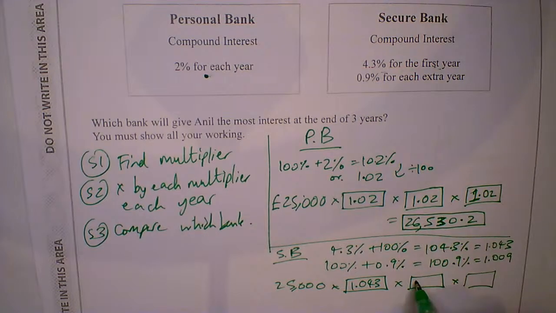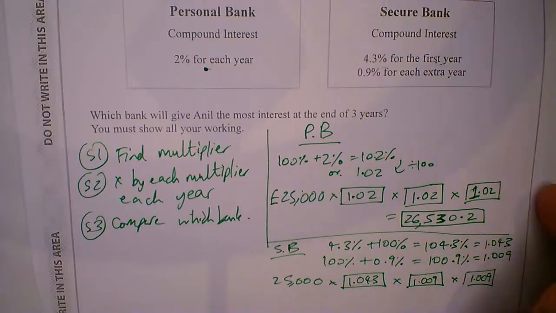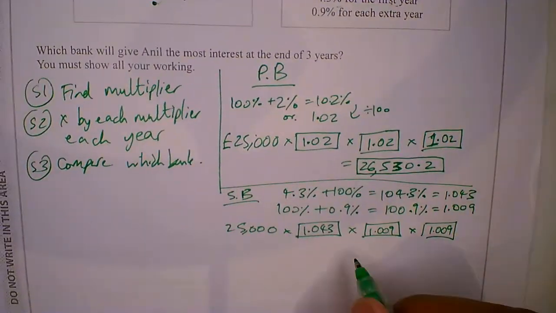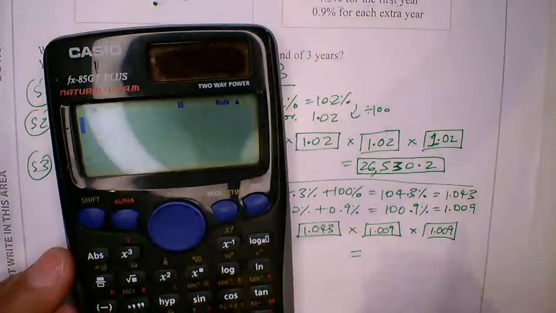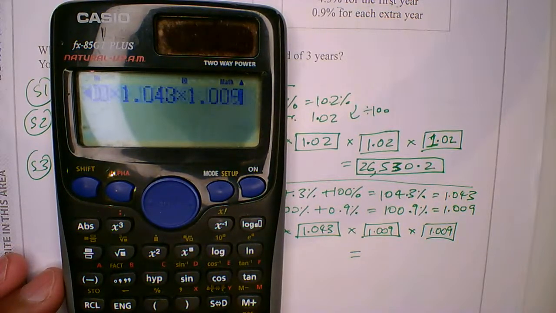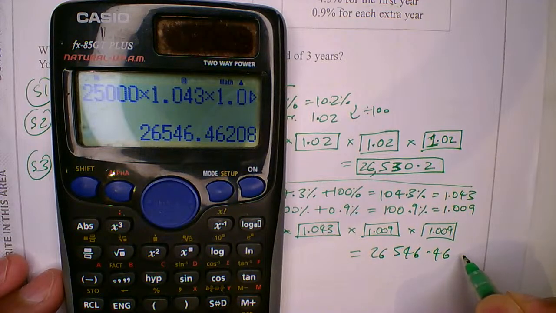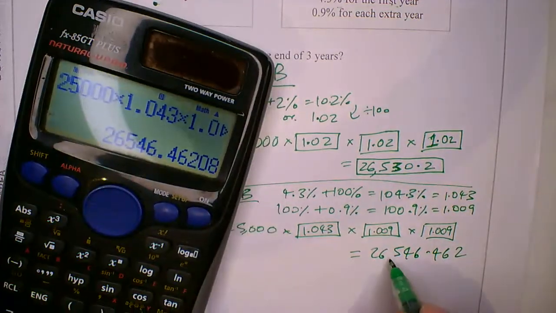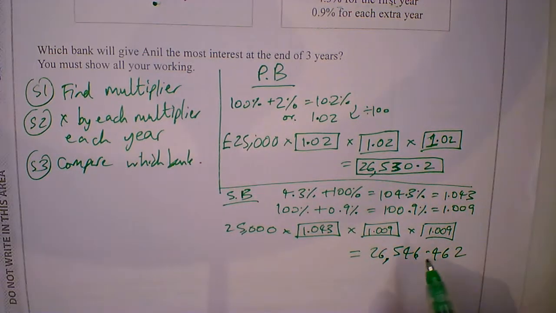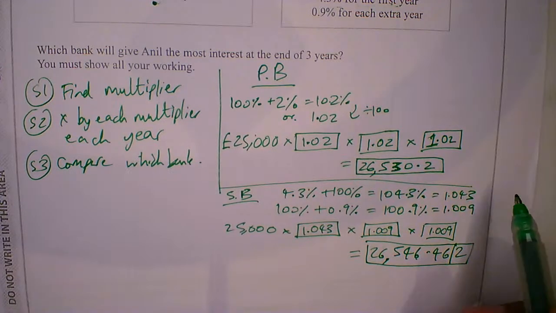So I've got 1.009, 1.009, and that now gives me, if I use my calculator, 25000 times 1.043 times 1.009 times 1.009 gives me 26546.462, so it's £26,546, and if I round it, it's 46 pence.